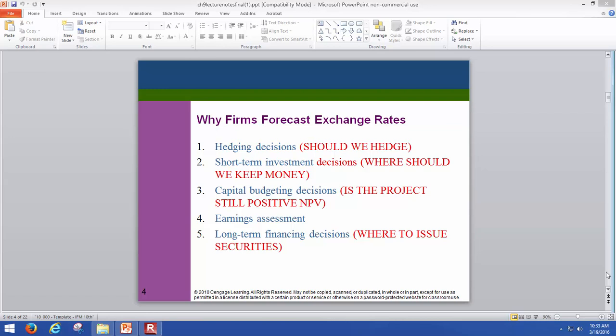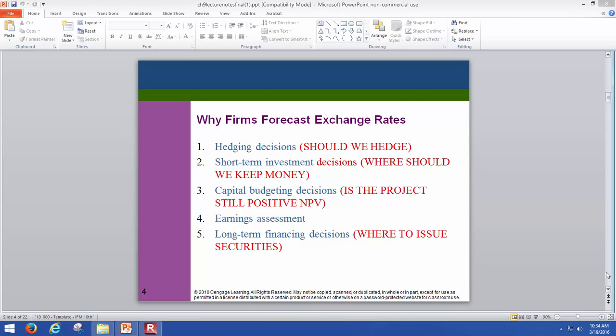And the last one is the long-term financing decisions. In the case of long-term financing decisions, what we are talking about is where these firms raise money. Do they raise their money in the US? Do they raise it in Europe? Or in other countries? In all these cases, one of the factors that becomes important is the interest rate, and the exchange rate is also important.